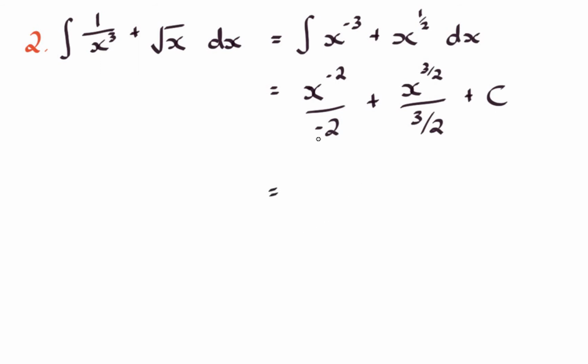So personally, I like to put it back in the form that the question is given. So with this first one, we have a negative. If we want to take this x to the minus 2 and get rid of the minus power, then the x squared needs to go down the bottom, but there's a 2 down there still. So this is 2 lots of x squared, and we're just left with 1 on the top. And for our second term, remember when we have a fraction within a fraction.